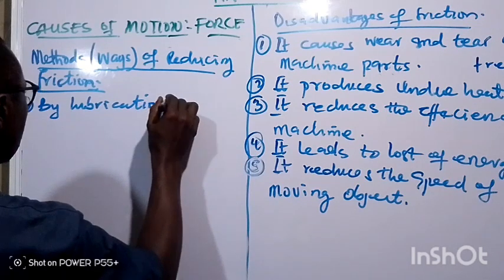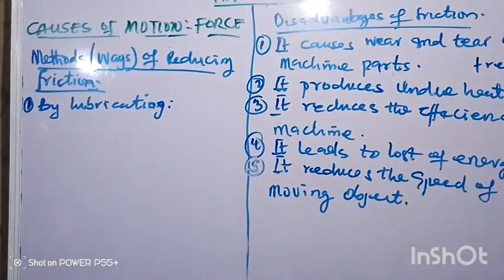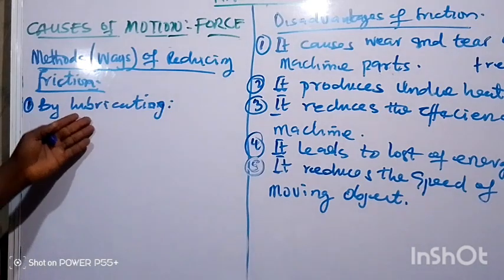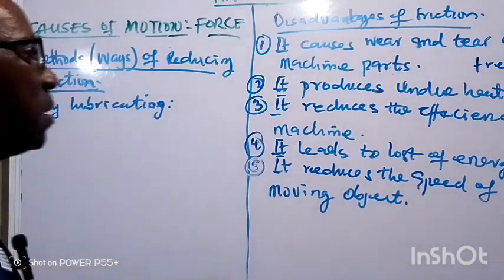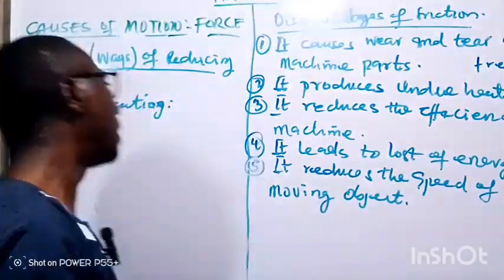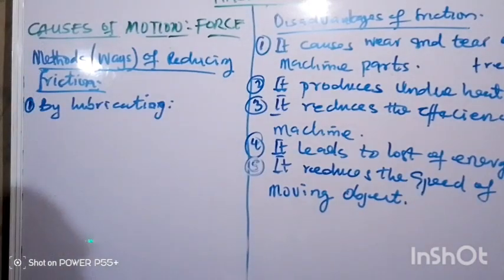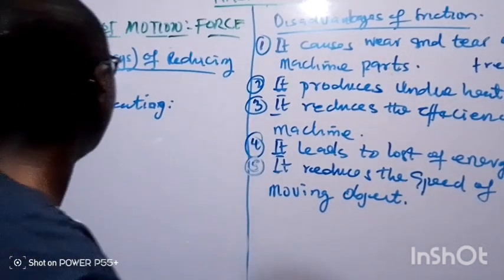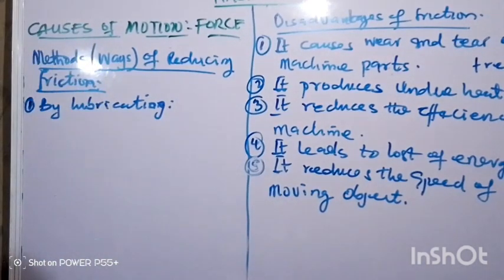When you say lubricating, it is just to apply grease or oil to the moving part of the machine, then it will reduce friction. It does not mean that it will remove the friction totally, but it will reduce it to a minimum rate. That's number one.